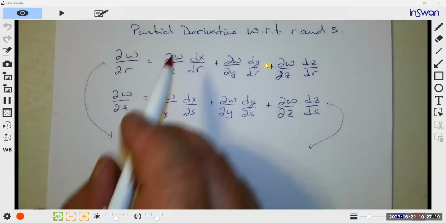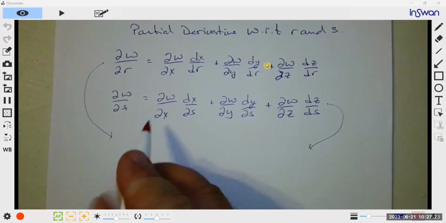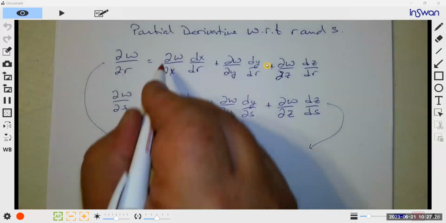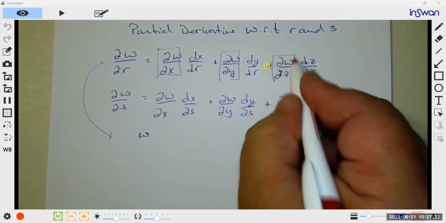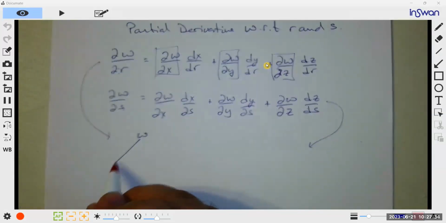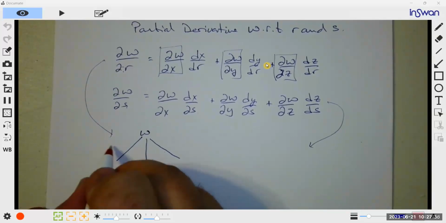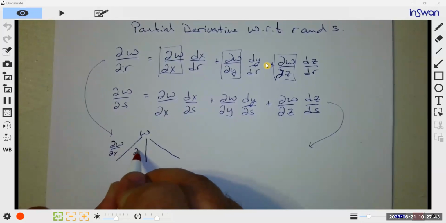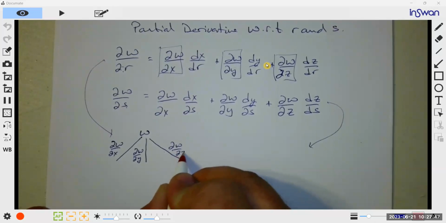We're starting off with our function, W. So W, we're going to go with R. The first one says that we have 3 paths. So this is the partial of W with respect to X, partial of W with respect to Y, and partial of W with respect to Z.